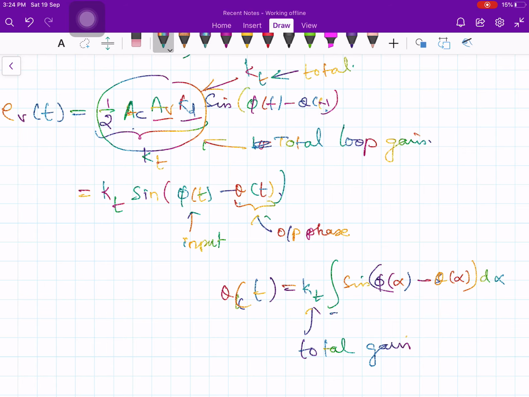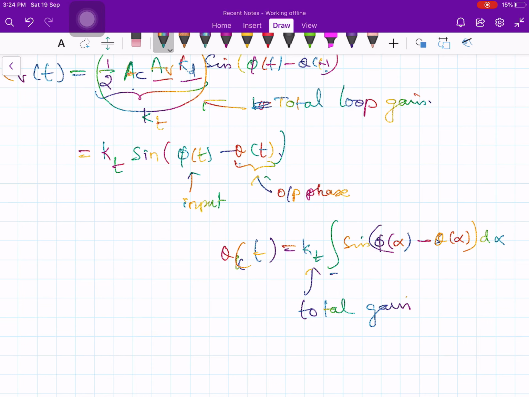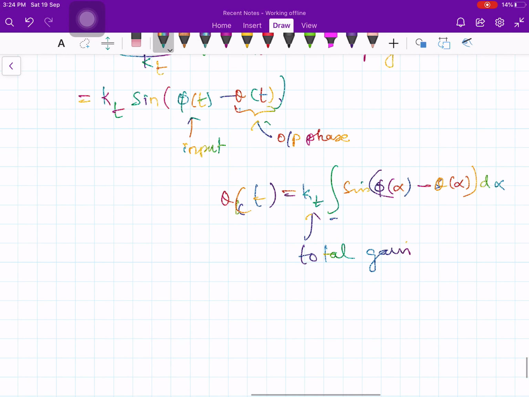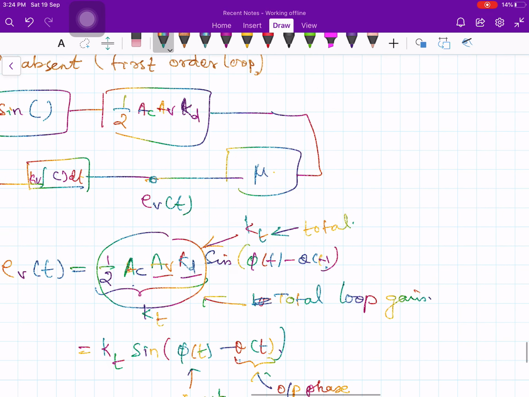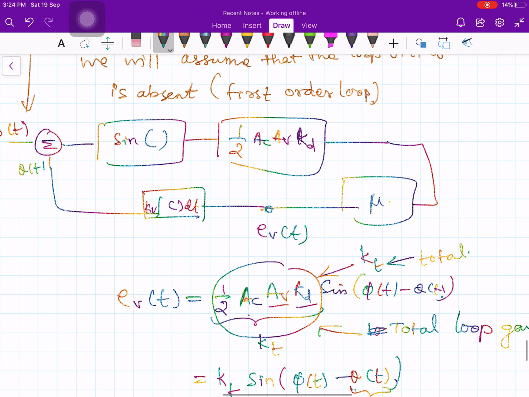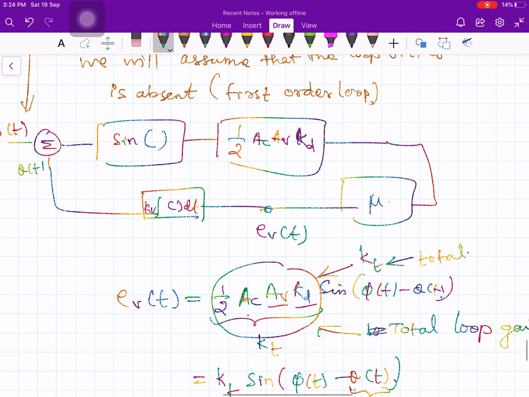Now let me draw this modified diagram. Anyway, let us take the same diagram, this one, and this point is your ED of t. Now you are looking at this output.